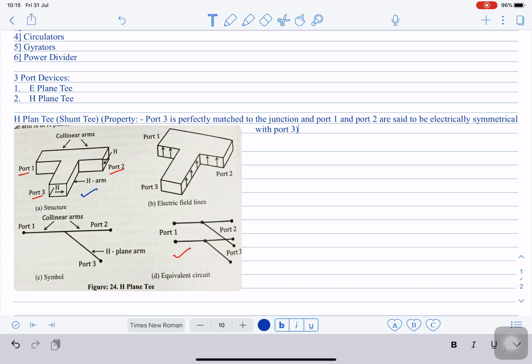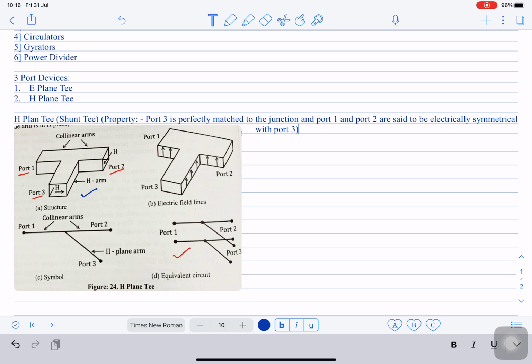And what is the property of the H-plane T? If port number 3 is perfectly matched to the junction, then port number 1 and port number 2 are both electrically symmetrical with port number 3. Okay, and what is the property then? Now the property is when power is incident at port number 3.